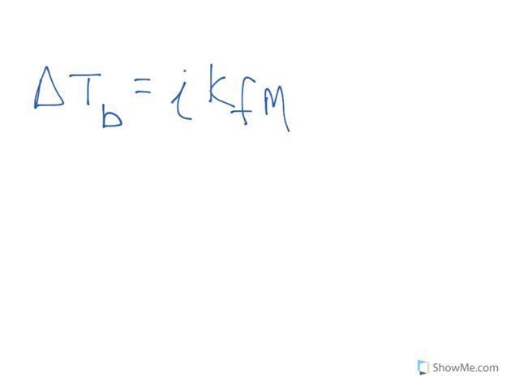Okay, let's get to the math here. Boiling point elevation through some mathematics can be derived as such. Delta TB is our change in boiling temperature. The B is for boiling, the T is temperature, and the delta means change. It's given by the following equation: delta TB = i Kb m.